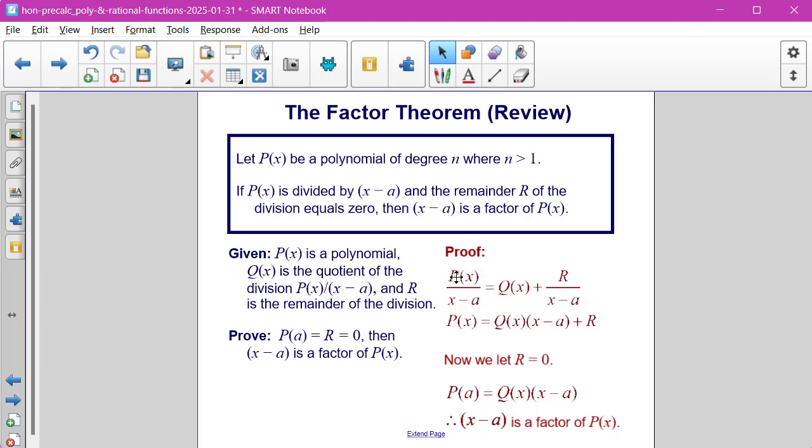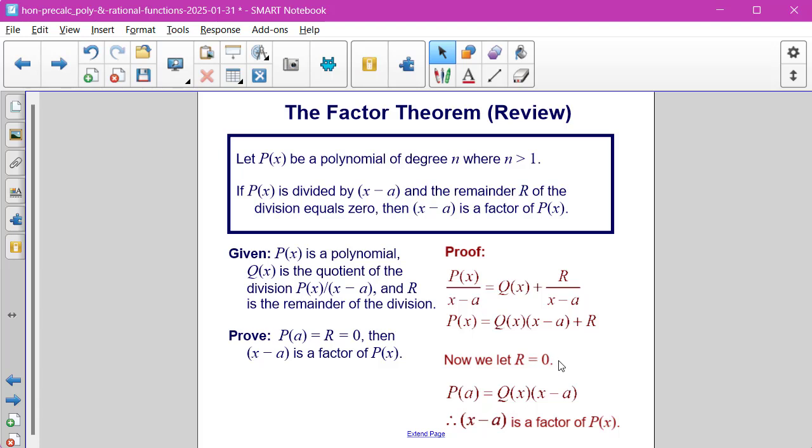So here we have p of x over x minus a is equal to q of x plus the remainder of the division, and the remainder always goes over the divisor, x minus a in this case. If we multiply both sides by x minus a, we get that p of x is equal to q of x times x minus a plus the remainder.